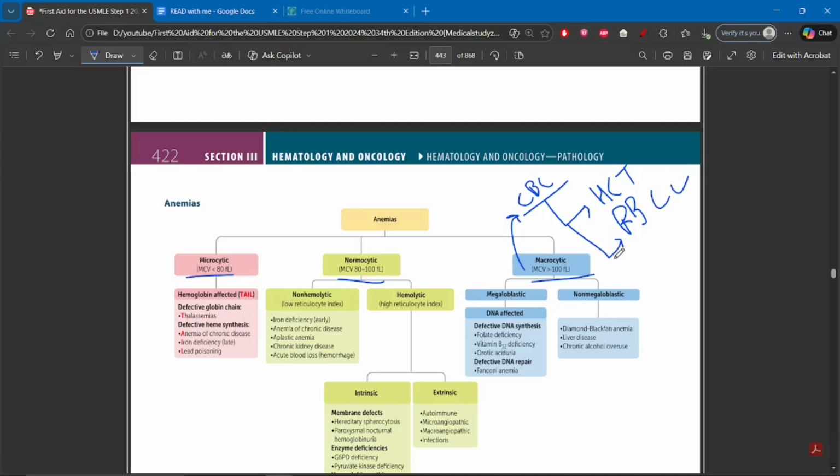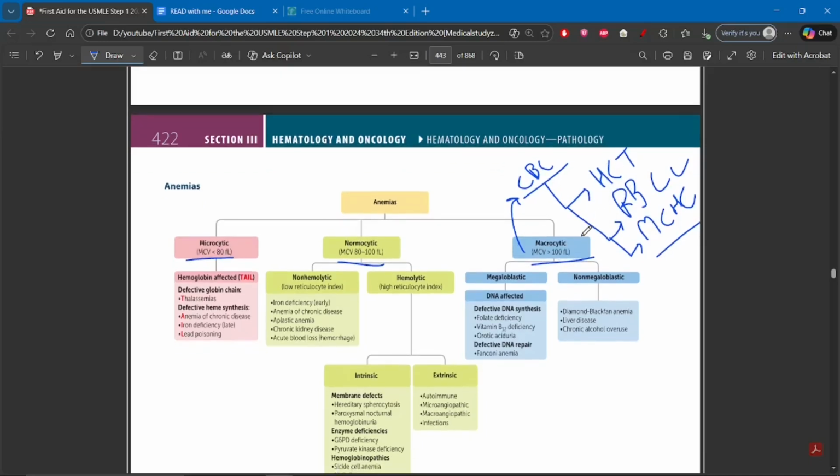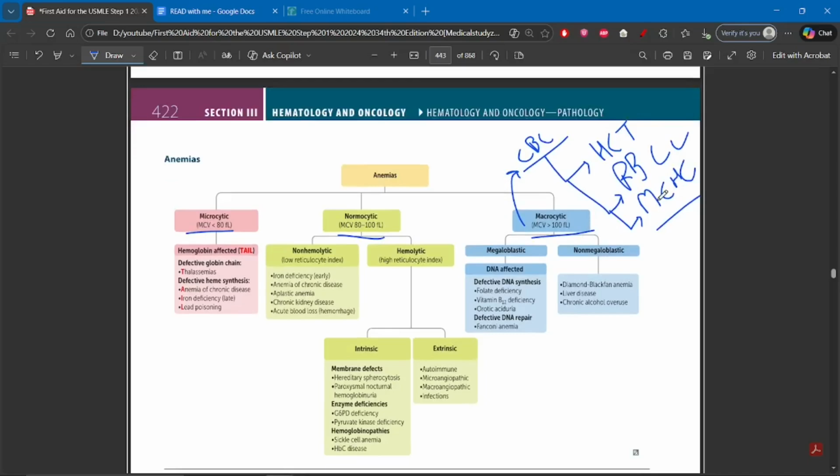The CBC has different components to it. These things are important to grasp in the beginning of an evaluation of a patient.